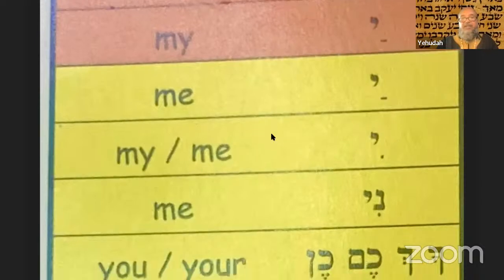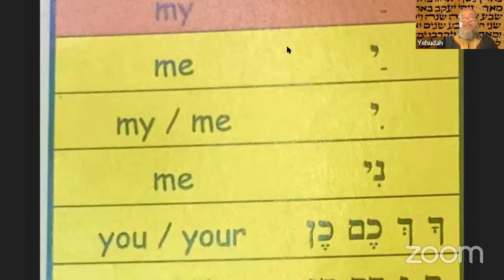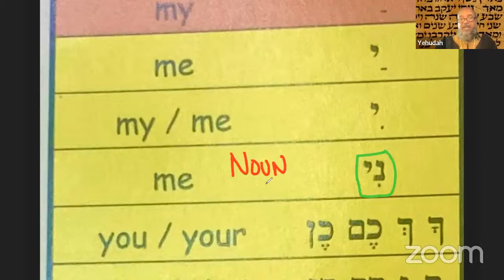This one right here on the end, if they add this little one right here, you couldn't put susni on there, right? So this has to be talking about a noun. Anything that has to do with nouns, their endings are going to be in the yellow. I want you to remember they're going to be in the yellow.